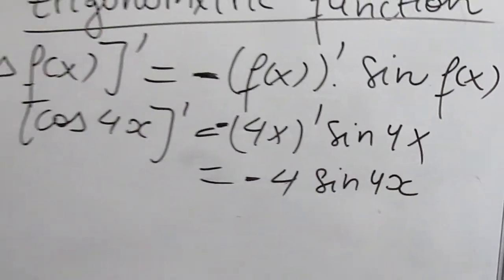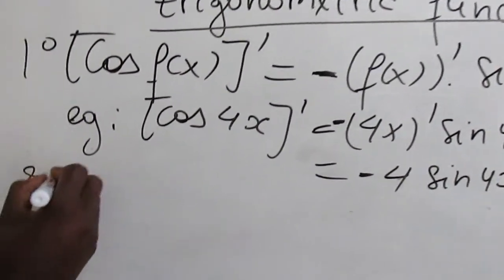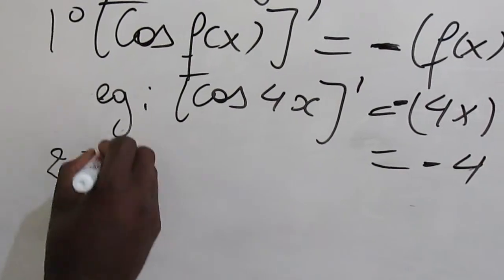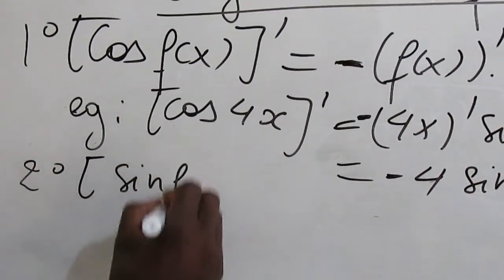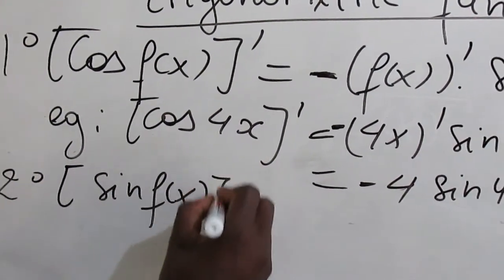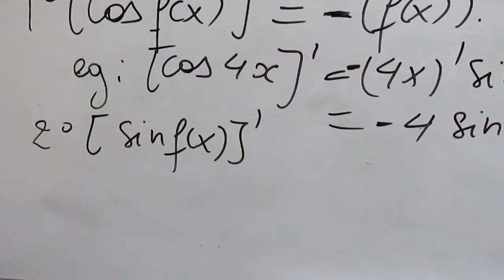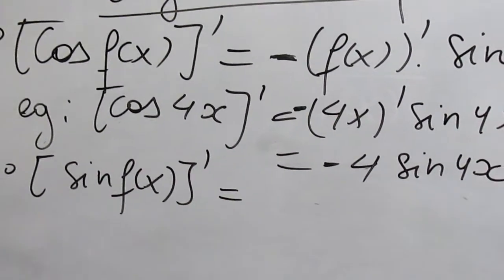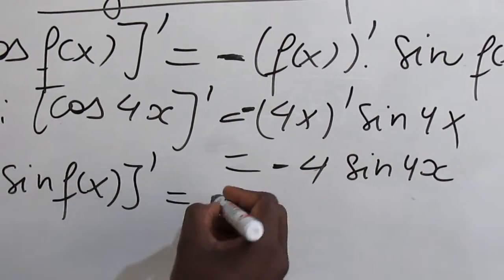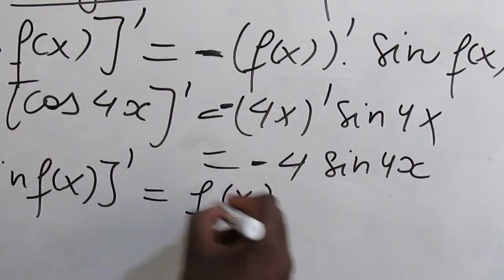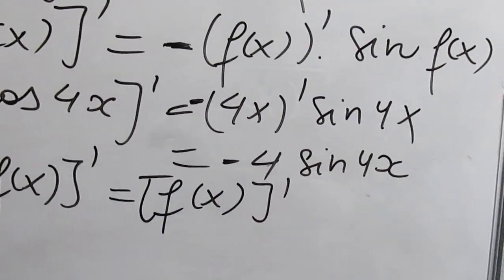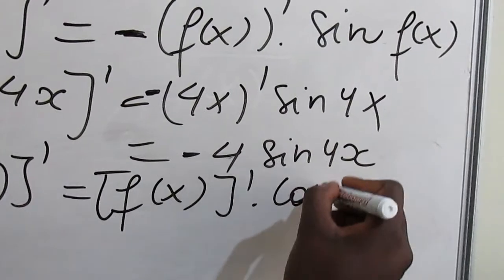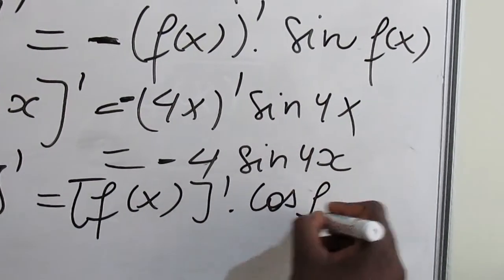Another example is for sine. When we are given sine of f of x, they ask you to differentiate this. For sine, don't start with a minus because there's no minus here. Straight, you take f of x, you derive it, then you multiply by cos, it changes, of f of x.